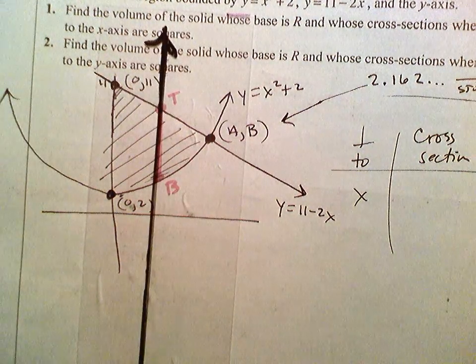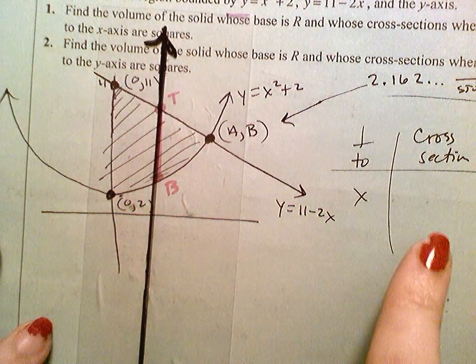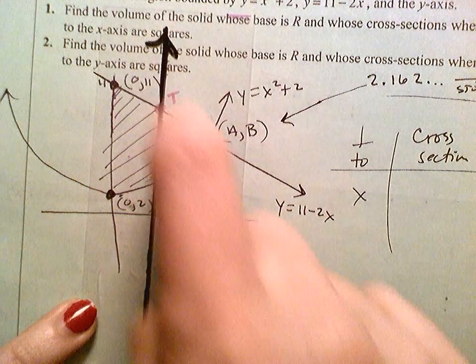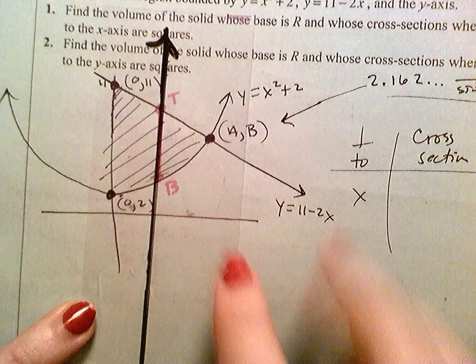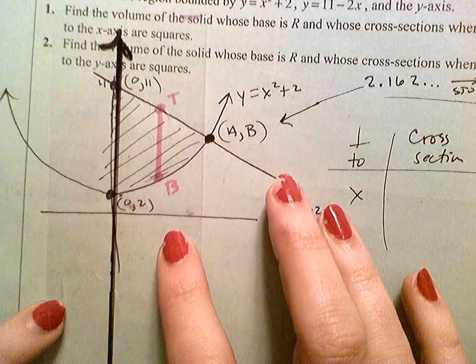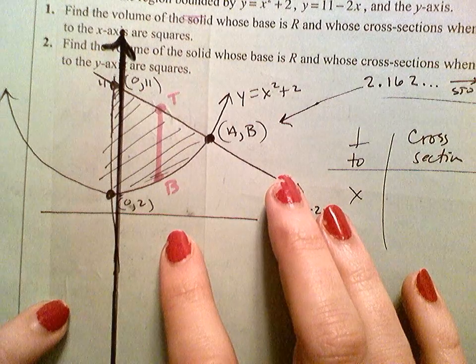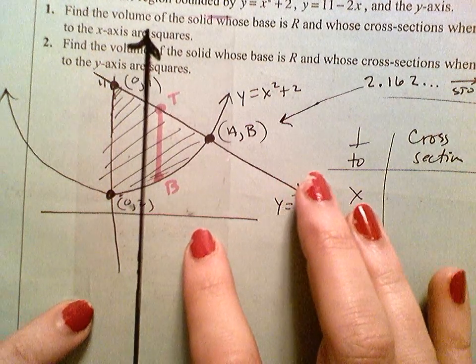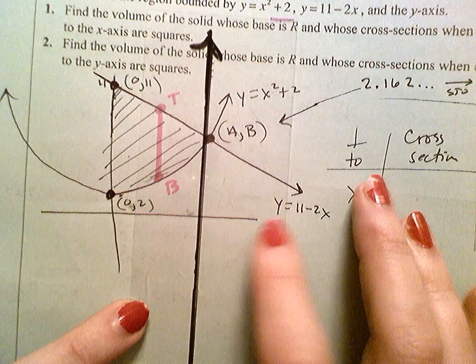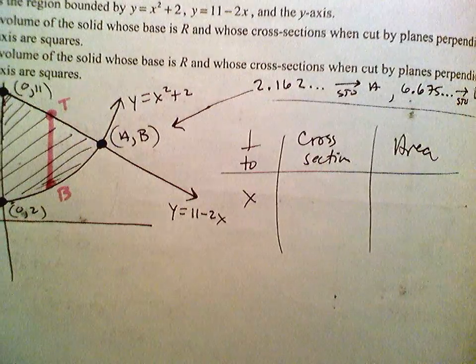Let me ask myself now, am I going to need more than one picture over here? The answer will be yes if the top function and bottom function ever change over this region. So line is the top one, parabola is the bottom, all the way through the region. So I'm only going to need one picture over here.